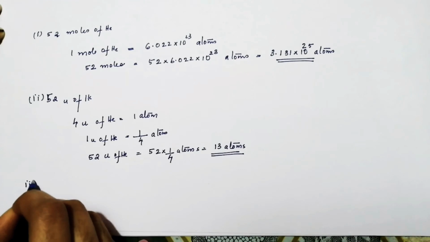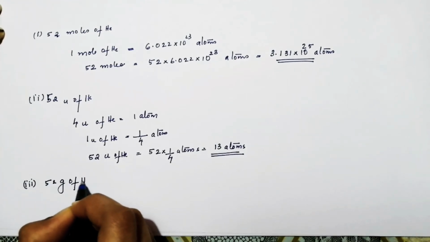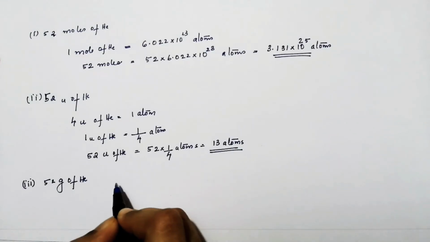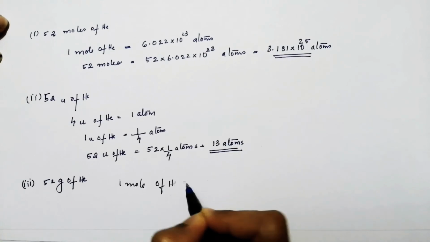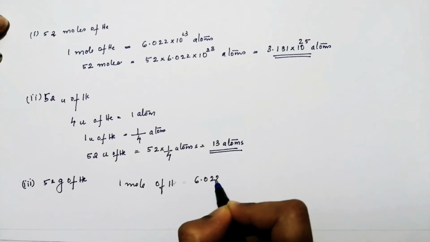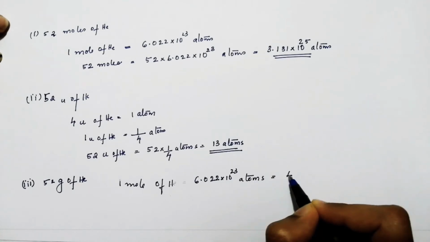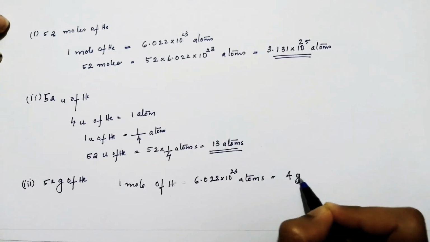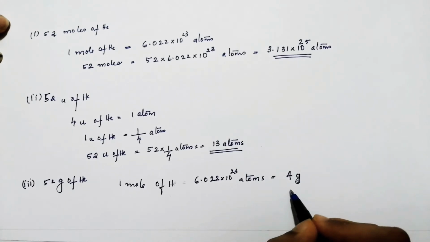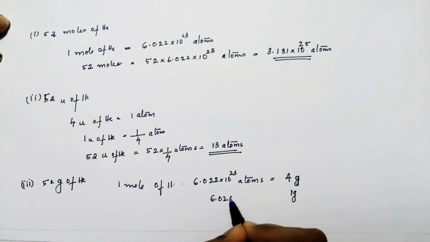Now in the third part we are asked to calculate for 52 gram of helium. We know that 1 mole of helium is equal to Avogadro number of atoms, that is 6.022 into 10 power 23 atoms, which is equal to its molar mass, that is 4 gram. Now let us calculate how many atoms are present in 1 gram. For this, we divide this Avogadro number of atoms by 4.